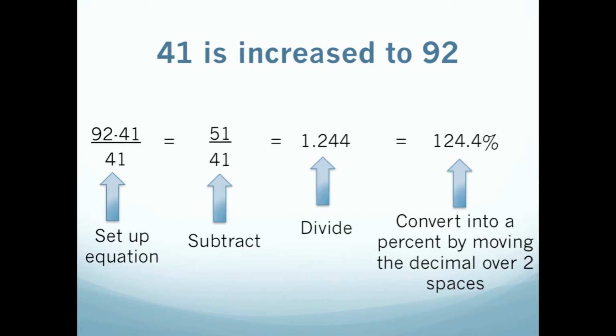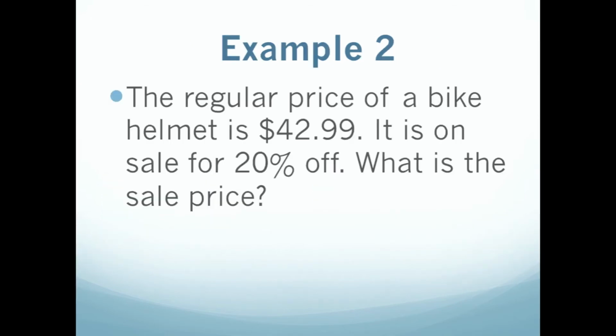So 92 minus 41 equals 51 over 41. Next, we're going to simplify. So we divide 51 divided by 41, and we get 1.244. We have to convert that into a percent, so we move the decimal place over 2 spaces, and we get 124.4%.